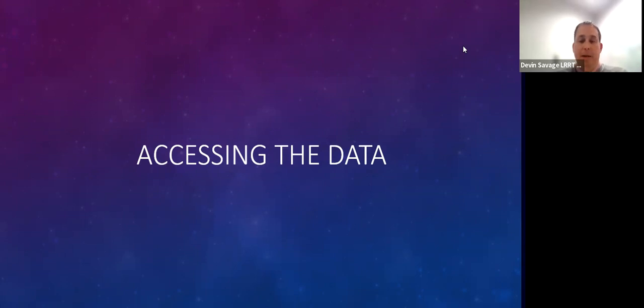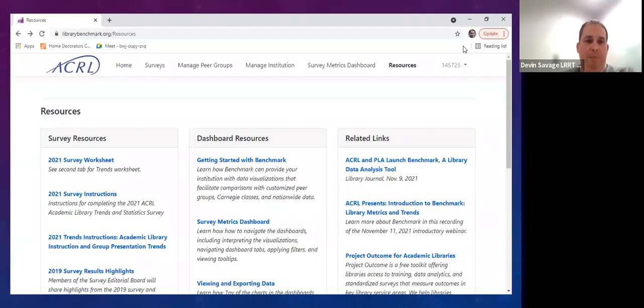To get the data where you're sorting peer groups and pulling out the data like that, there is a subscription fee for ACRL to maintain. It is, in my experience, a very reasonable fee that you pay, but it is the sort of publication fee for getting the data, and it is very helpful. We provide a lot of resources here.